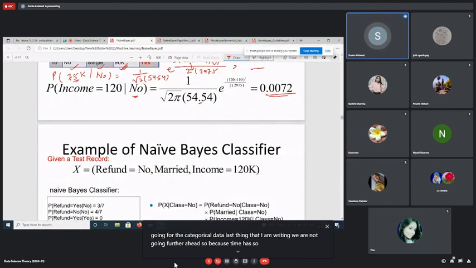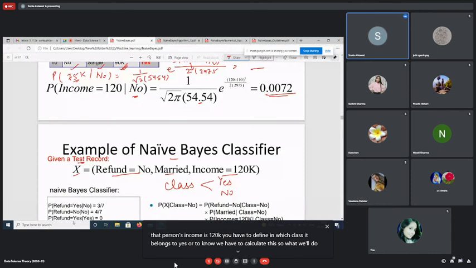So finally, when I have to calculate the naive bayes, the question says, आपके पास अब एक टेस्ट रिकॉर्ड आया. You have a test record x which defines the features: refund has a value of no, the person is married, and that person's income is 120k. You have to define in which class it belongs, yes or no. We have to calculate this.